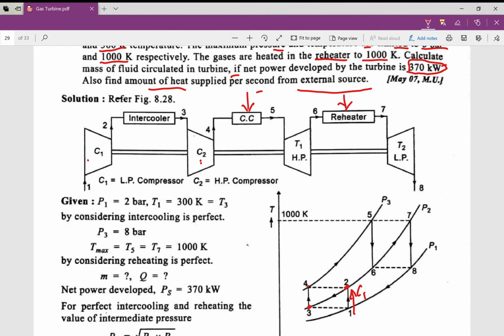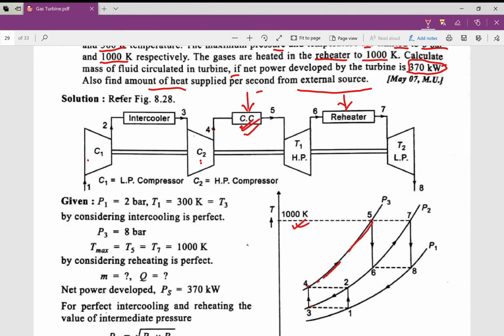Now come to the next one. After compressor 2, compressed air is supplied at point 4 to this combustion chamber. So from point 4, the temperature is increasing due to heat addition in the combustion chamber. T5 is given as 1000 Kelvin.